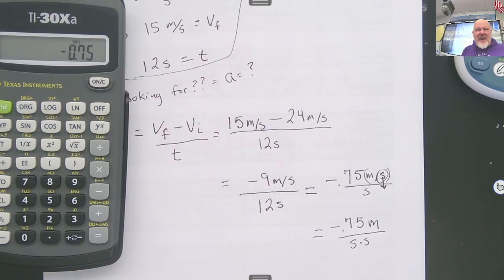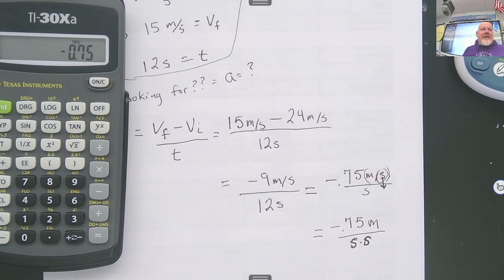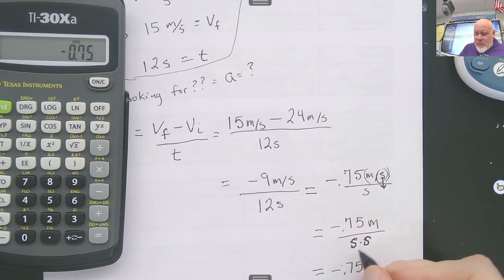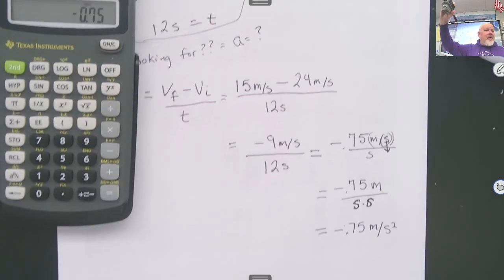Why would somebody write seconds times seconds? That's almost like a little bit of confusion. All right, seconds, those are seconds. Well, there is a simpler way of putting this. That would come to -0.75 meters, and a way of saying seconds times seconds simply can be put as meters per second squared. And that's it. That's all there is to it.